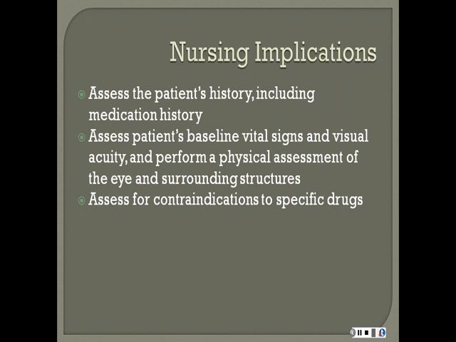We want to document any abnormal findings that you might find. Is there any redness or swelling or pain, excessive tearing, any drainage or discharge, any changes or decreases in visual acuity, any history of trauma, were they wearing safety glasses when they were at work, those kind of things.